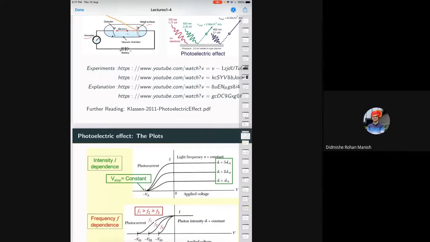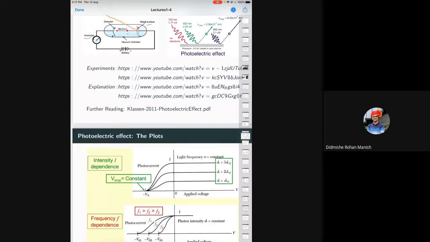Ma'am, why is there a battery? The battery maintains a potential. So it keeps the metal surface at a negative potential relative to the detector. Oh, but we'll see this effect even if there is no battery, right? If there is no battery, then you would only get a momentary current, which is difficult to detect.